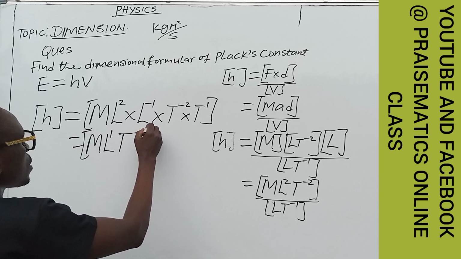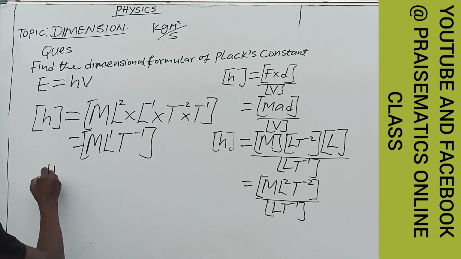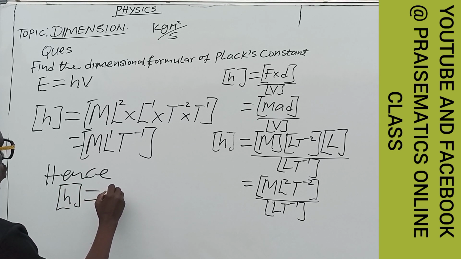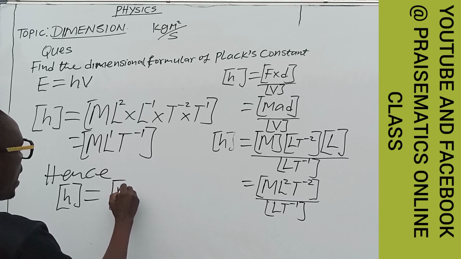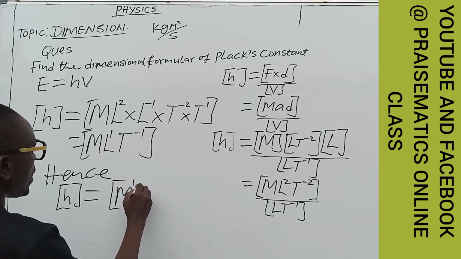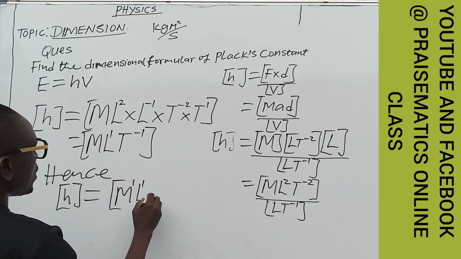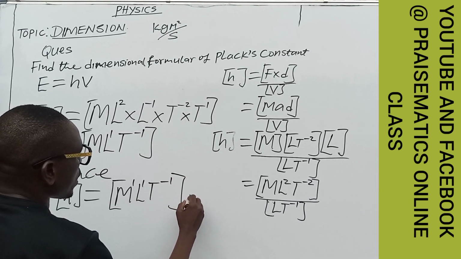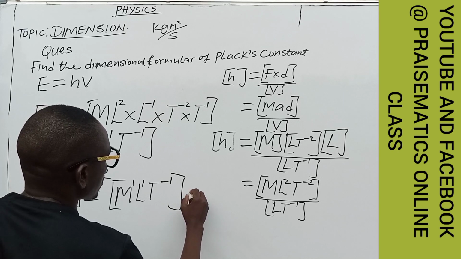Finally, hence, the dimension of Planck constant is equal to m raised to power 1, L raised to power 1, t raised to power minus 1. And that is the dimension of Planck constant. Proof.